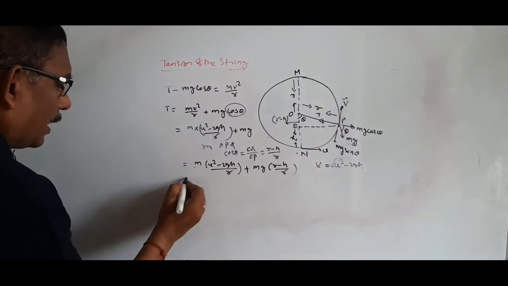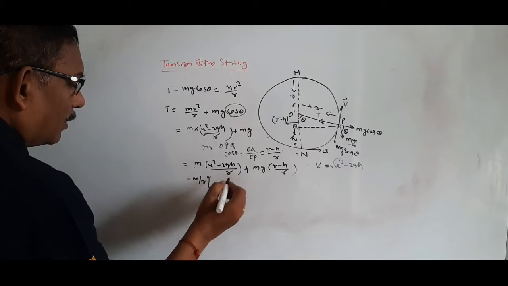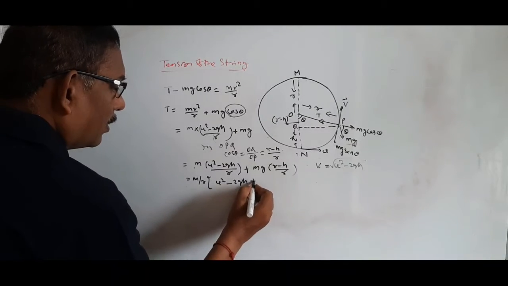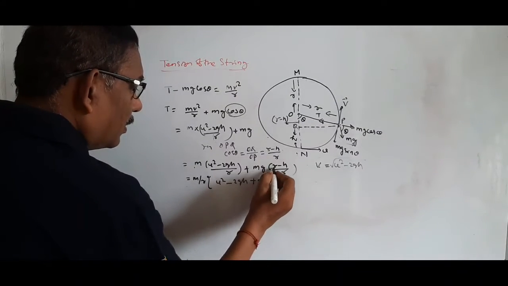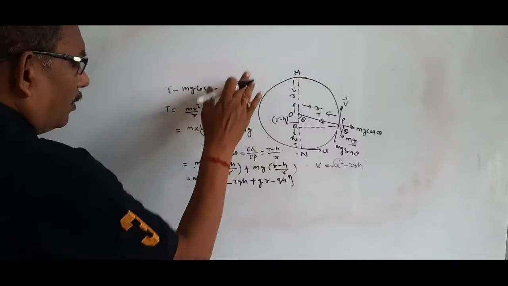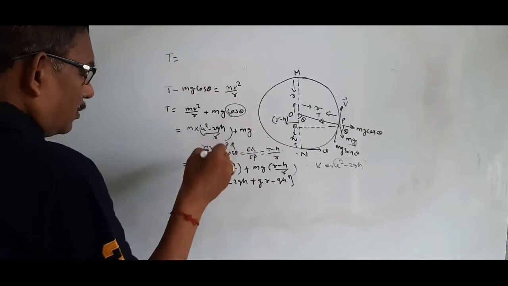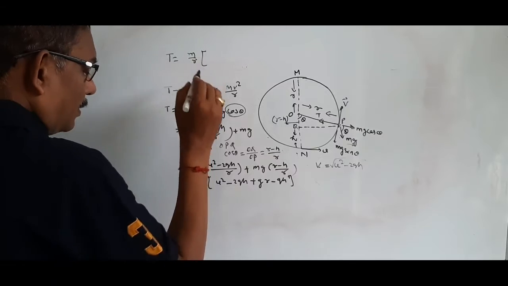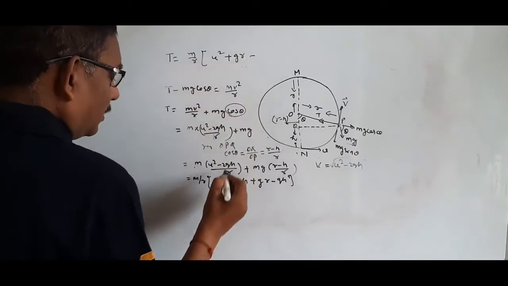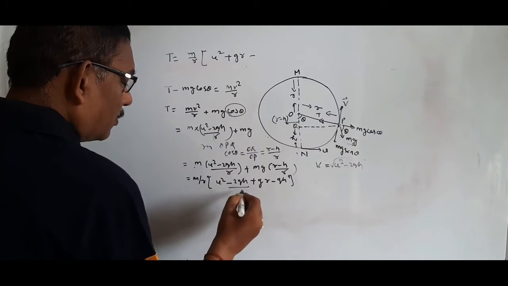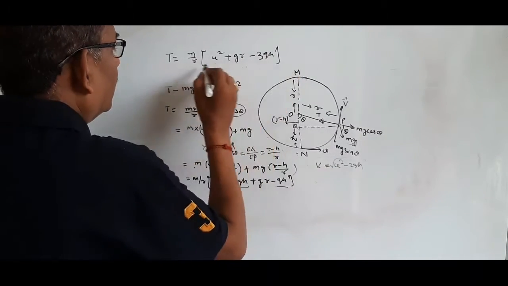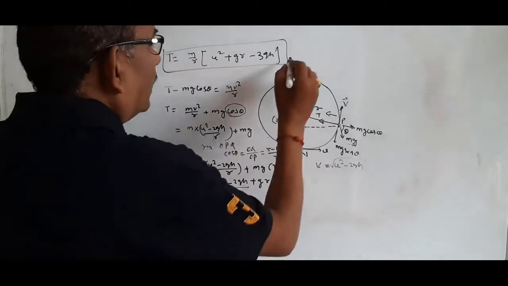Taking m by r common outside, the equation becomes u square minus 2gh plus gr minus gh. Now T is equal to m by r times u square plus gr minus 3gh. So this is the equation of tension of the string.